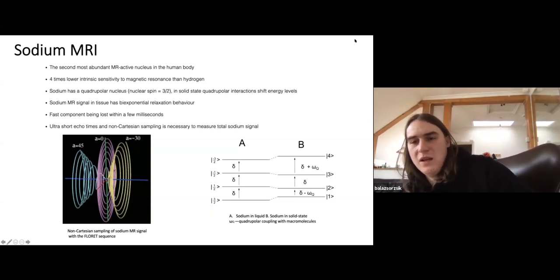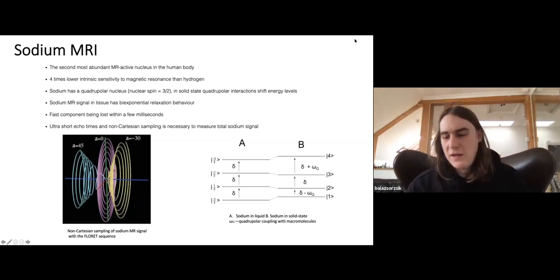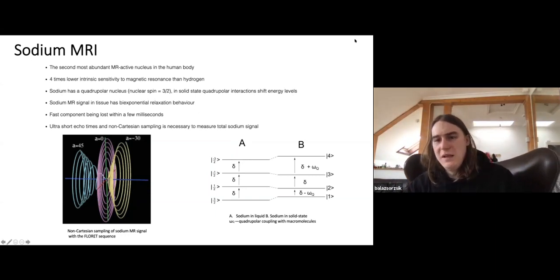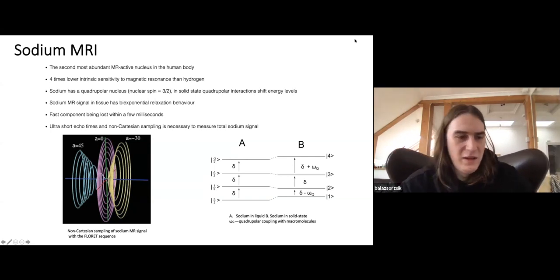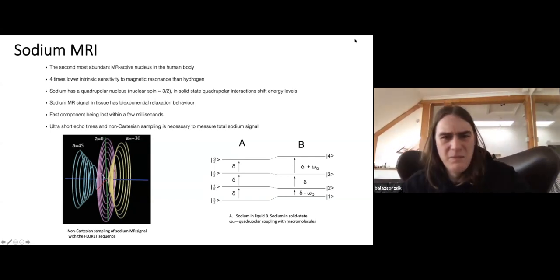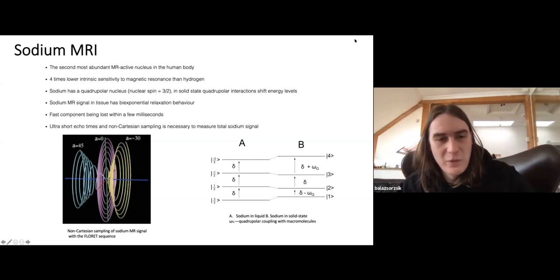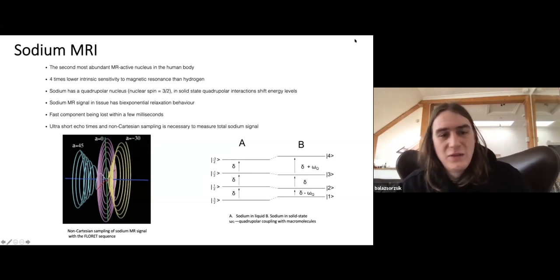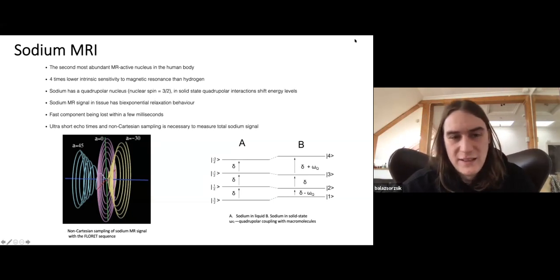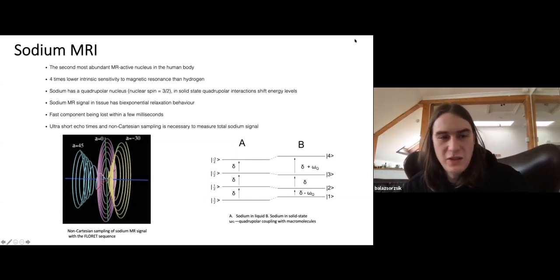In the brain, the concentration of sodium is around 35 millimolar on average, while hydrogen is 80 molar actually. Yeah, 80, and it also has 4 times lower intrinsic sensitivity to magnetic resonance than hydrogen.